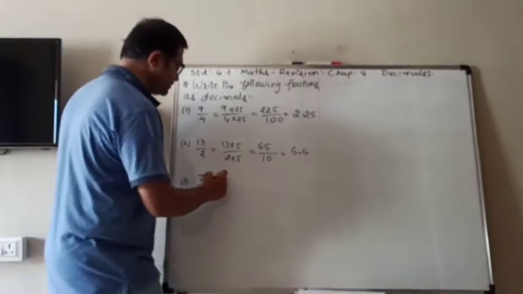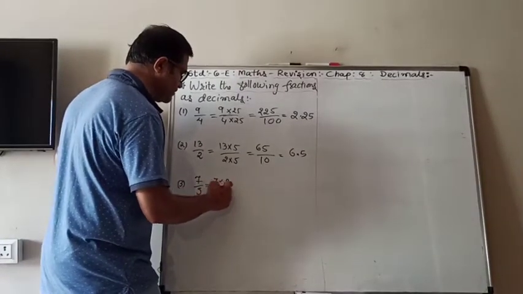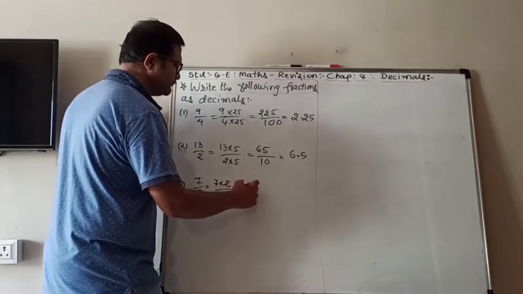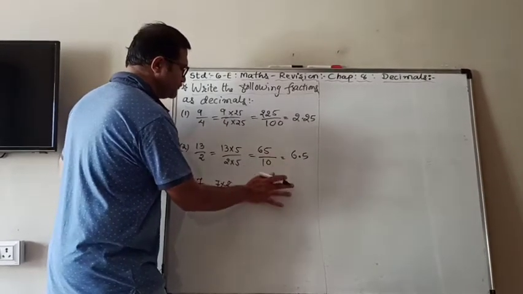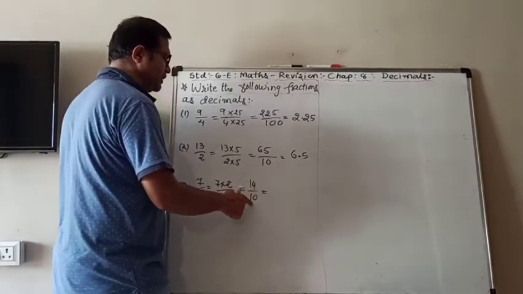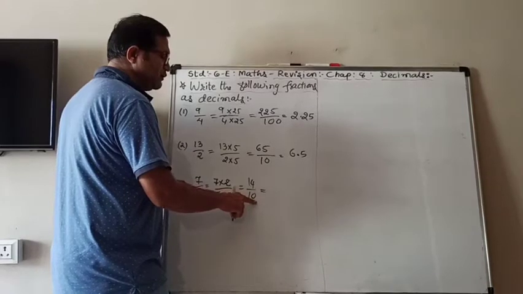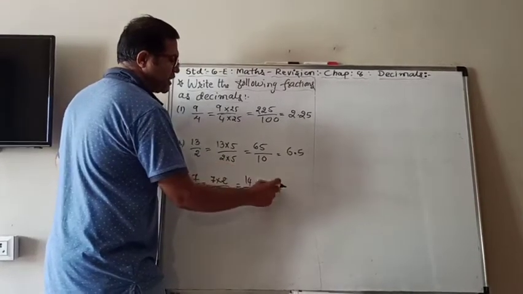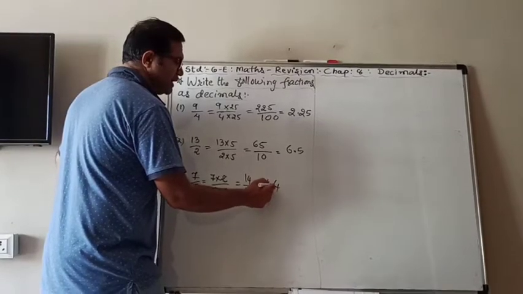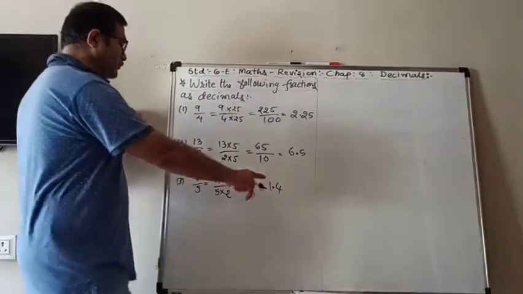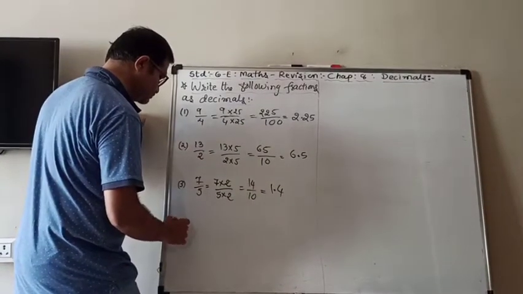So we have to multiply both numerator and denominator by 2. So 7 2s are 14 and 5 2s are 10. 14 upon 10. So now we need only one decimal place. So from the right side we count one digit, which is 4, and then we put the point. So it is written as 1.4.